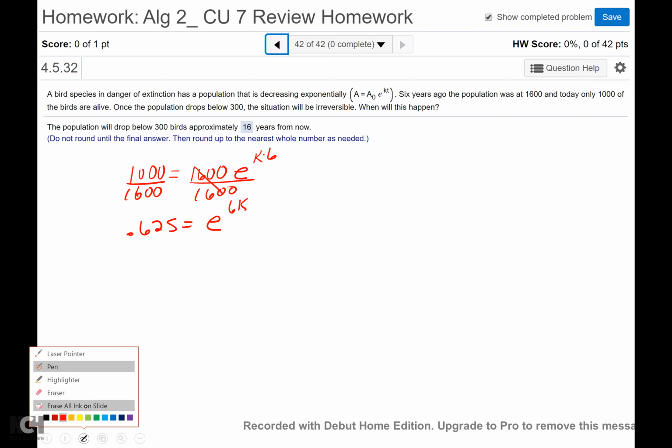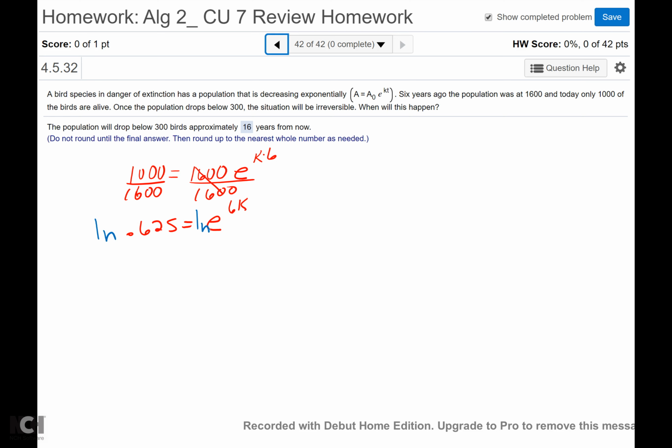To get k out of the air, I'm going to ln both sides. So if I ln 0.625, I get negative 0.4700036292 equals 6k. Divide by 6, and my decay rate is negative 0.0783339382.